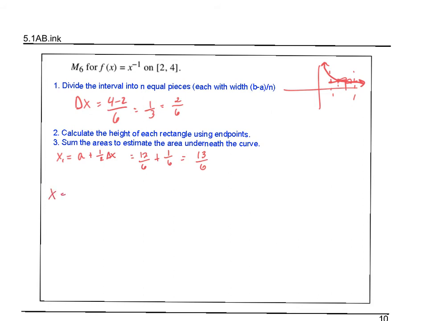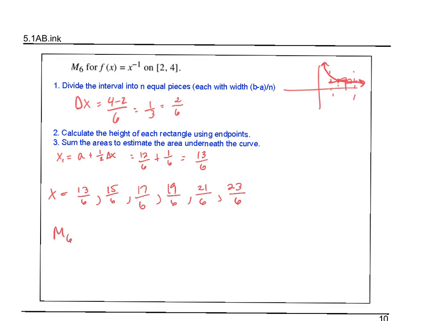So now my list of x's: 13/6, I'm going to add 2/6, so I have 15/6, 17/6, 19/6, 21/6, and 23/6. So your x values for midpoint approximation should always be symmetrical within your interval, a to b. On each side, I'm 1/6 away from my a or my b.